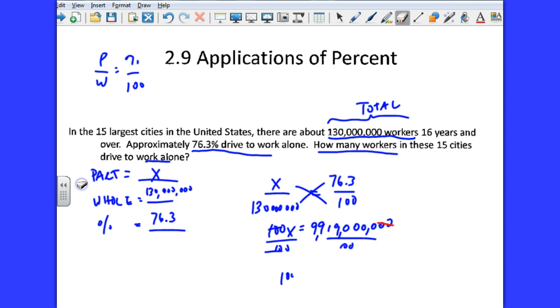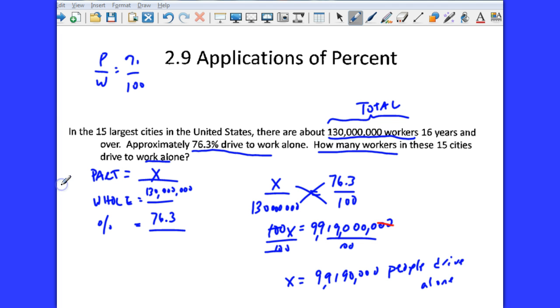It's 1x, which is the part, how many workers drive to work alone, is 9919 and 4 zeros. So almost 10 million. Almost 10 million people from this study drive alone to work. Poor lonely people. All right, so that's one application for you using a proportion.